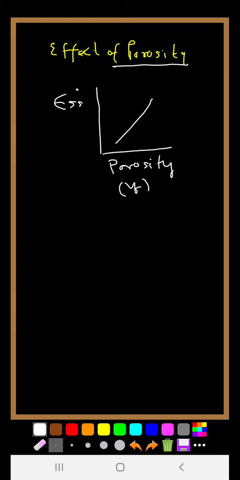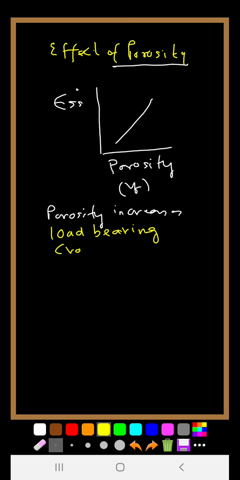So what happens here is that if the porosity increases, then the load bearing cross sectional area of the specimen decreases.